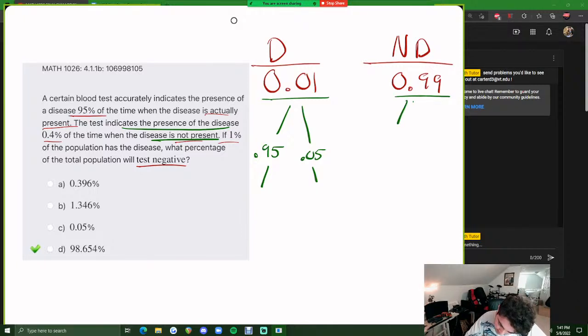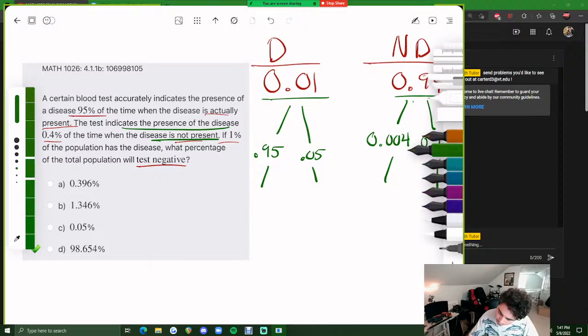Now 0.4% as a decimal is 0.004, which means for those who do not have the disease, 99.6% of the time, or 0.996, it will not indicate the presence of the disease because they don't have it, right? So all we need to do is figure out what percentage of the total population will test negative.